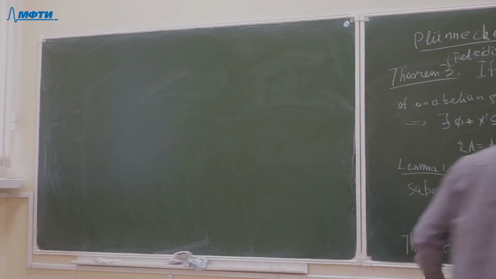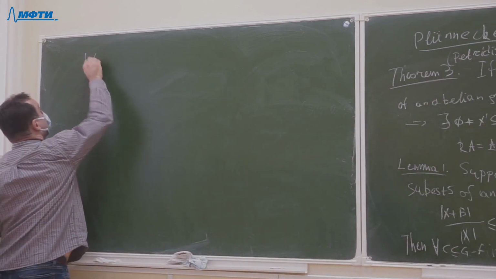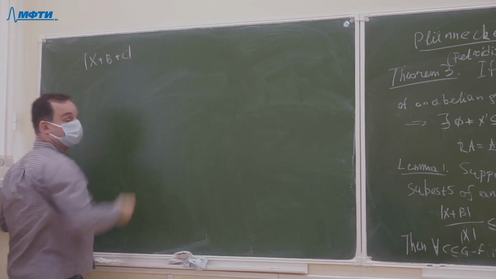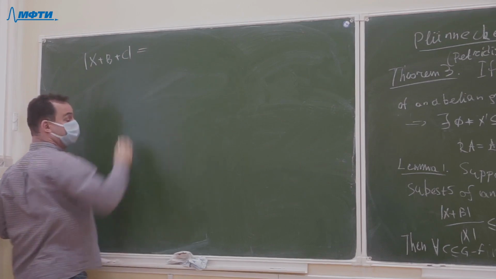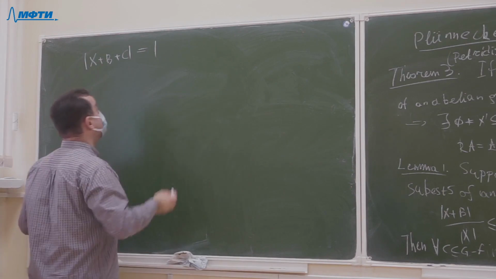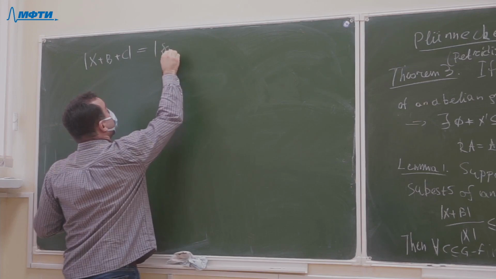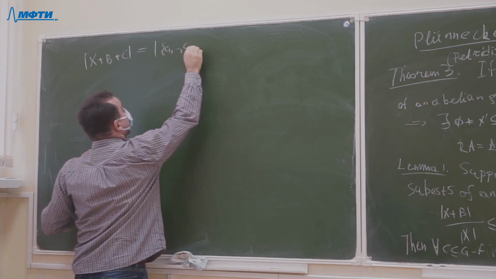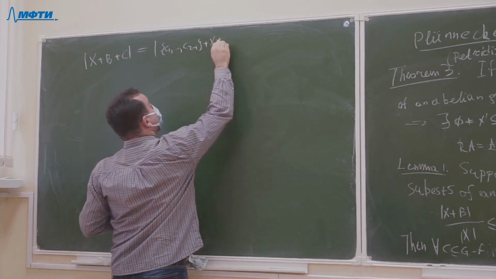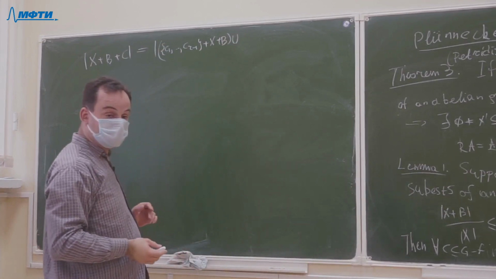Let's take this set X plus B plus C. It is equal to the union of C_1 ... C_{r-1} plus X plus B, union what?